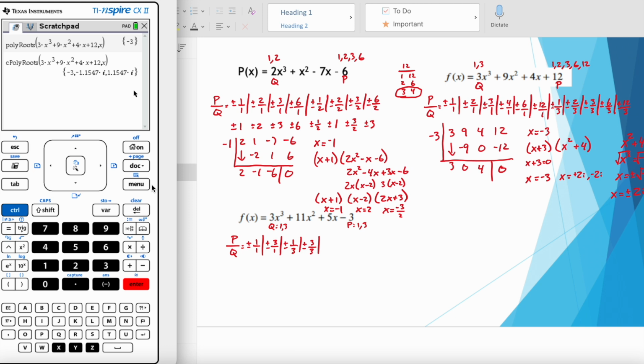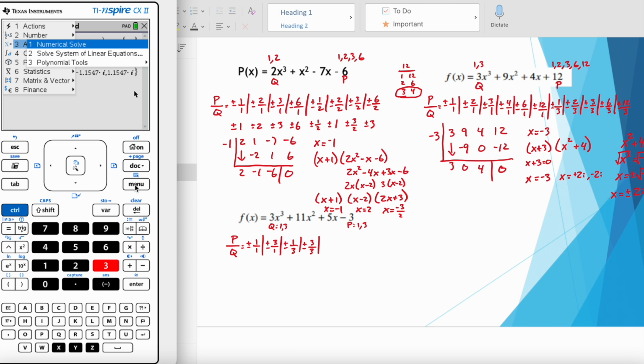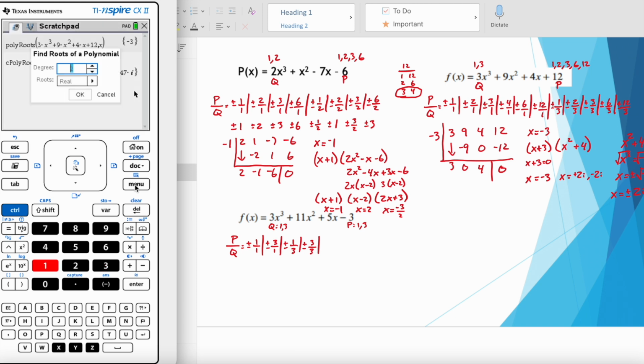So we go ahead and we can use this method once again. We go ahead into Menu, Algebra, Polytools, and find roots of polynomial. Our largest degree is 3, and we're going to look for any real roots.